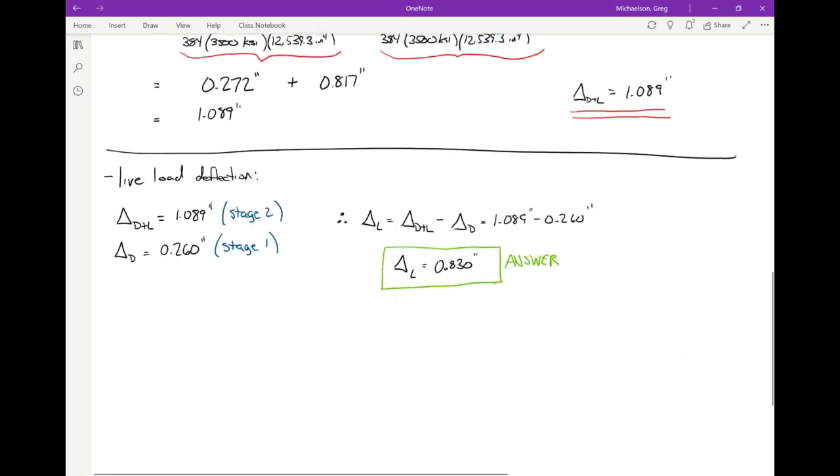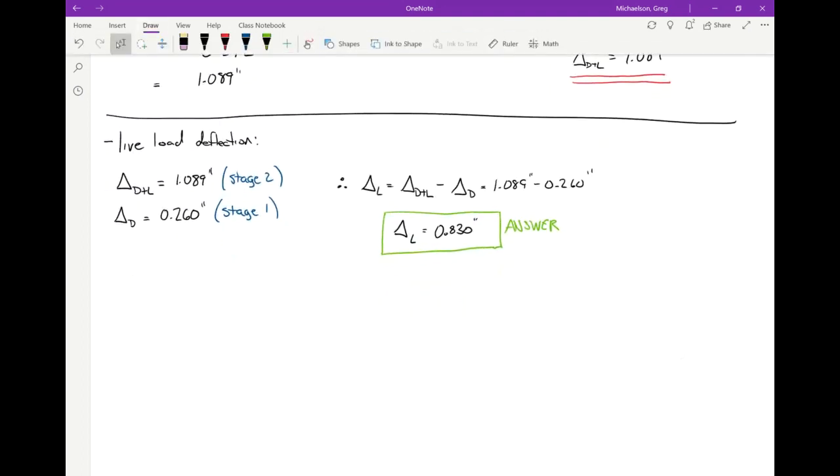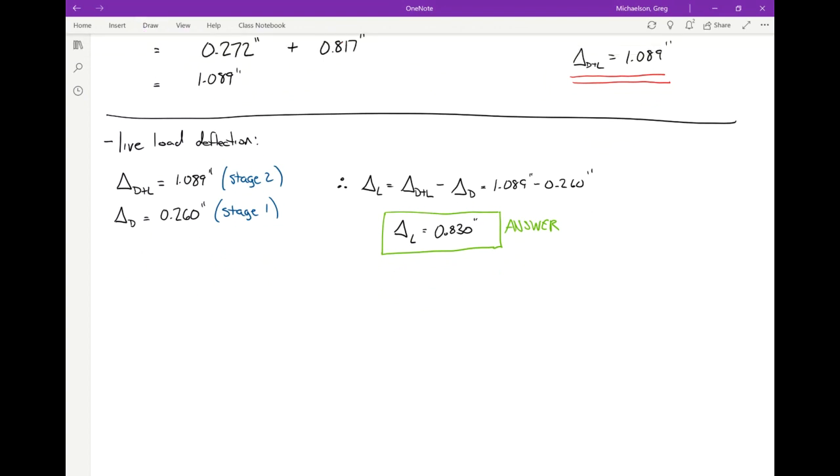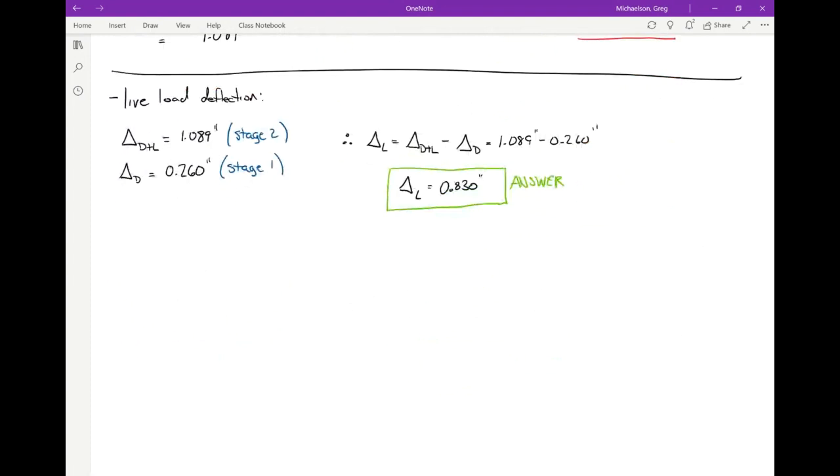And one other thing that we need to do to finish out the problem asked, oh goodness, sorry about that, is to check the ACI limit. So if you go back, the problem states that this is a floor beam, okay?